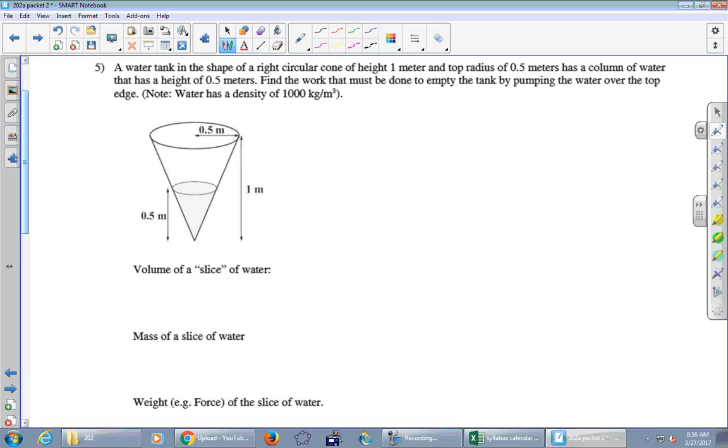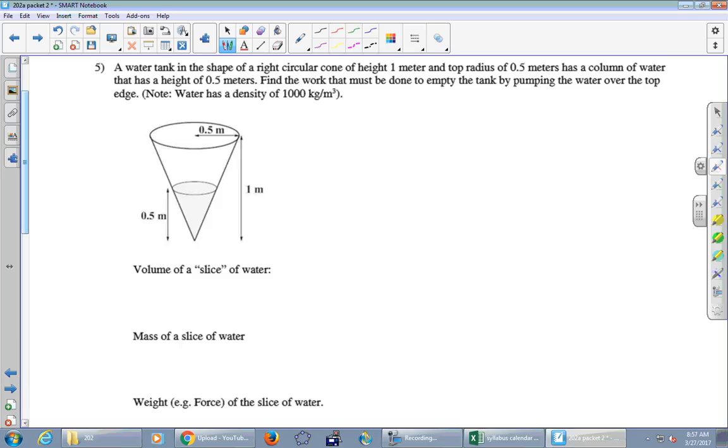Okay. All right, so let's slice this water. So the water in the tank is the same density everywhere. So the only thing changing here in terms of the work involved is the distance that that water has to travel. So how are we going to slice this so that the water particles have basically the same distance to travel?